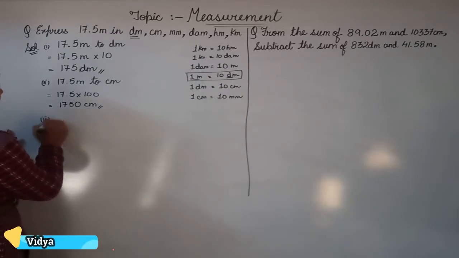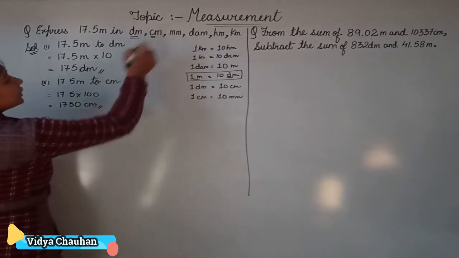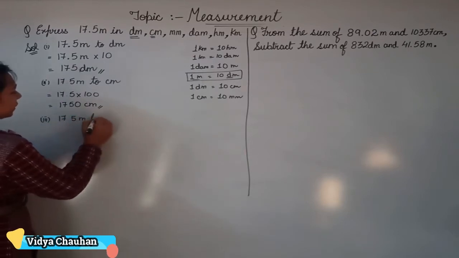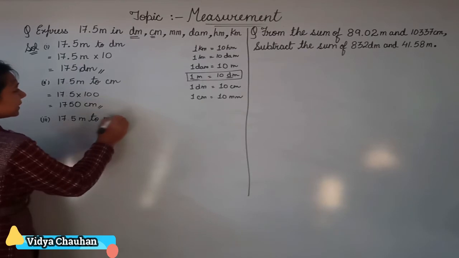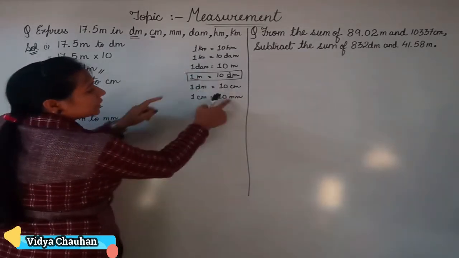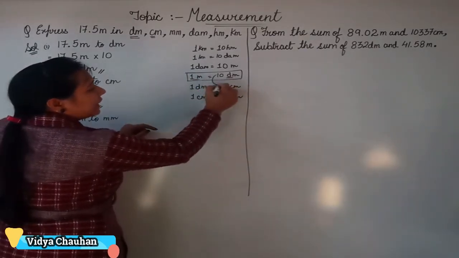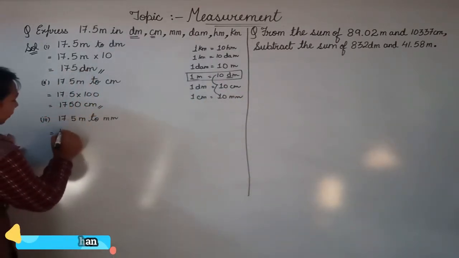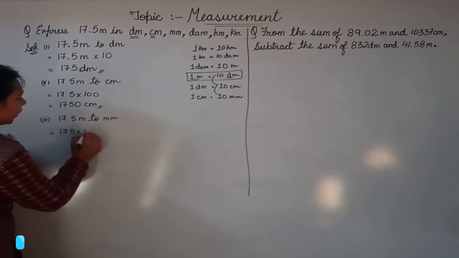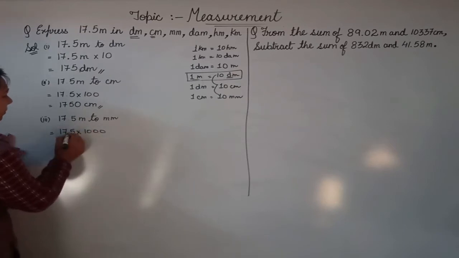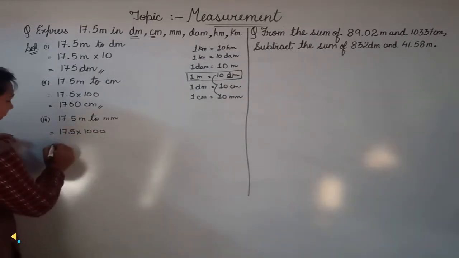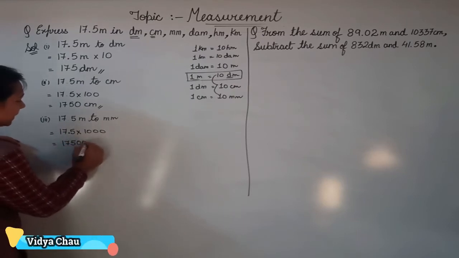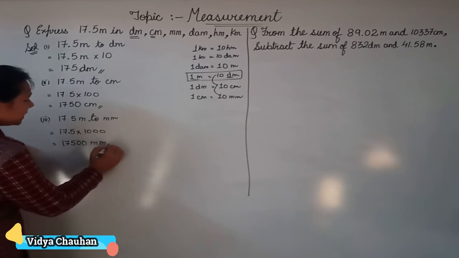Similarly, in the third part, you have to convert it into millimeters. So 17.5 meter to millimeter. Now meters to millimeter will be 10, 10, 10. 3 times 10 means we are going to multiply it by 1000. When you multiply, it will be 17500 millimeter.